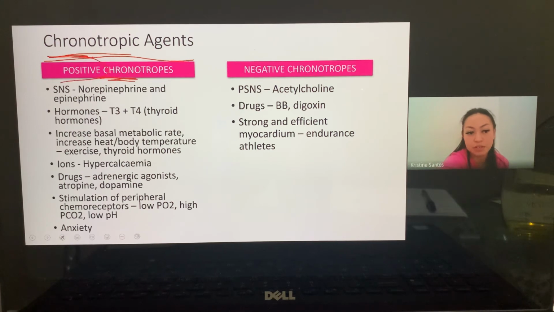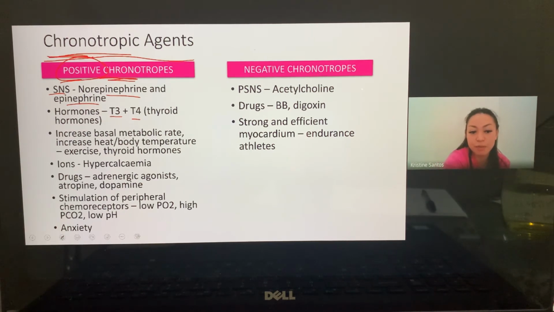Positive chronotropes are things that can increase your heart rate. If you increase the activation of your sympathetic nervous system by increasing norepinephrine and epinephrine, this is going to increase your heart rate. Hormones like T3 and T4, thyroid hormones, increase sympathetic nervous system activity again, which is going to increase your heart rate.